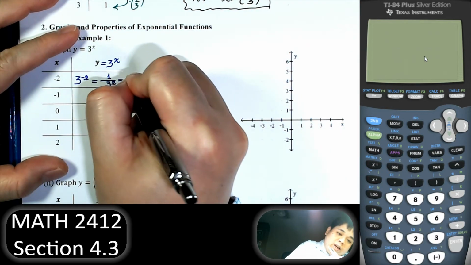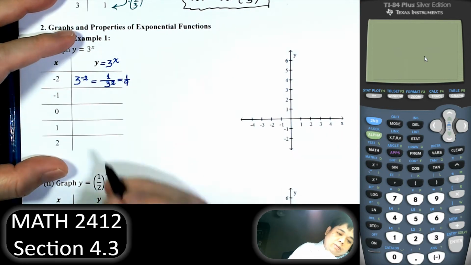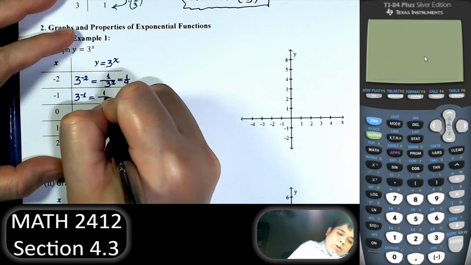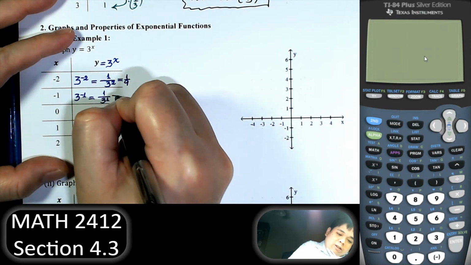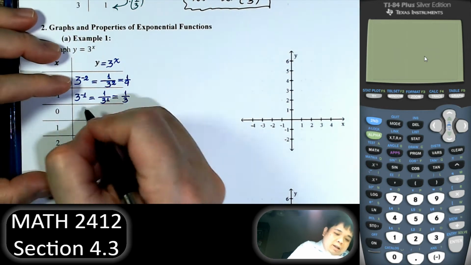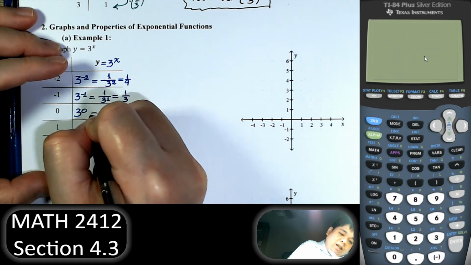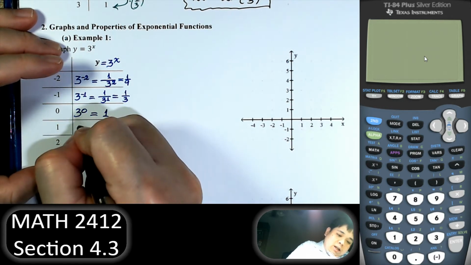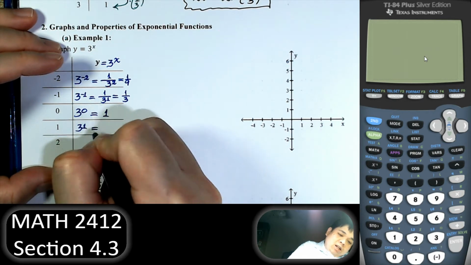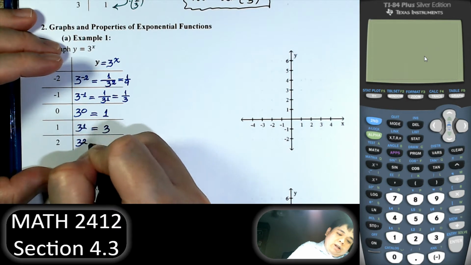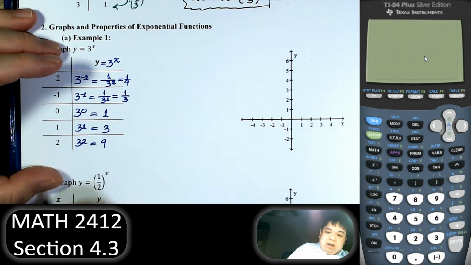That is 1 over 9. 3 to negative 1 is 1 over 3 to the first, is 1/3. 3 to 0 power, anything to 0 power is 1. 3 to the first, anything to the first power is itself. 3 squared is 3 times 3, will be 9. So I have those points.